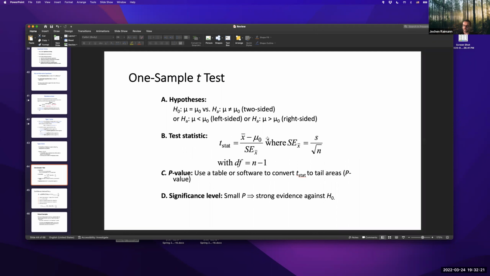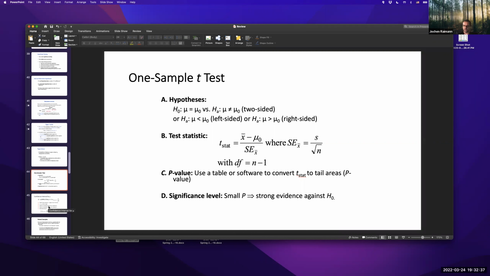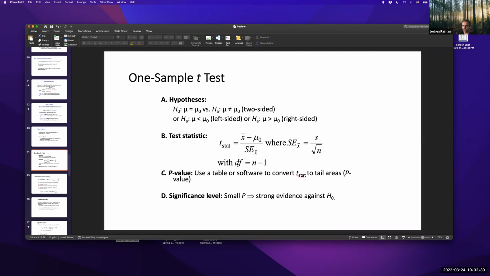The test statistic is calculated in the same fashion. You have your X bar from the sample, you subtract from that your population mean, and you again standardize your difference using the standard error of the mean. Then you use a t-score table to convert your statistic into the p-values.